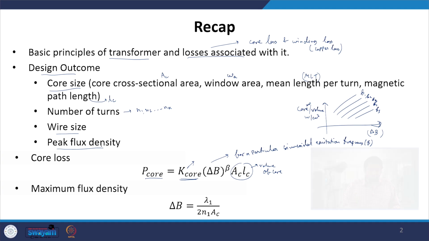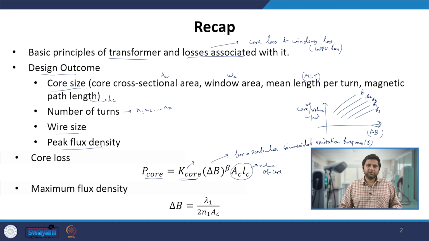Then we also need to calculate the peak flux density, because our core loss and winding loss depend on it, and we have to select its optimum value such that the system does not go into saturation.